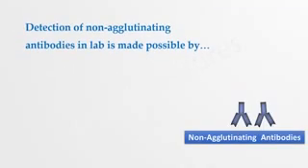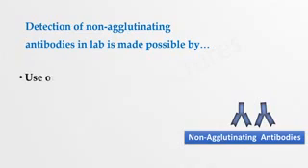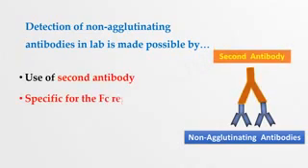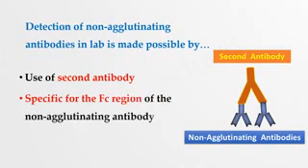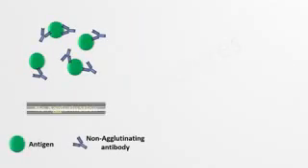Detection of non-agglutinating antibody in the lab is made possible by using a second antibody. This second antibody is specific for the Fc regions of non-agglutinating antibodies. Let's understand this by illustration. Suppose these are antigens to which non-agglutinating antibodies are bound.